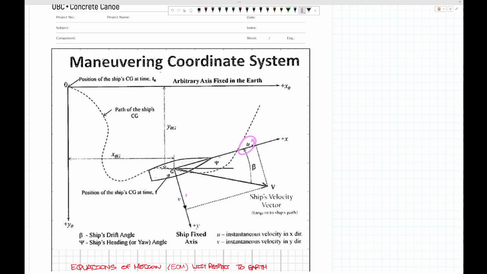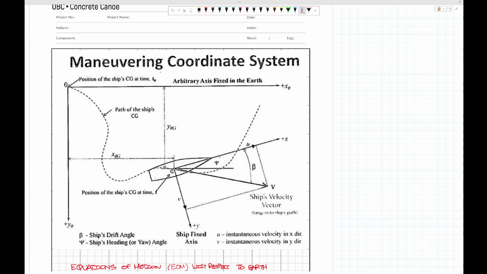We have u and v. u is the velocity in the x direction of the boat, and v is the velocity in the y direction of the boat. Then we have the drift angle, which we'll talk about, and the psi angle, which we'll also talk about a little more.